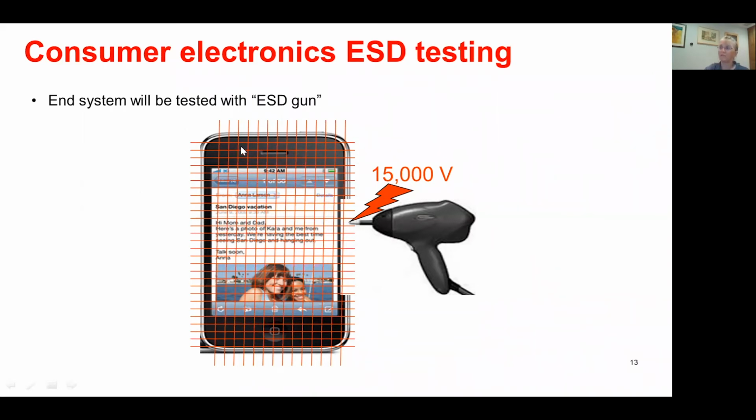The testing would follow a grid pattern, looking for catastrophic damage due to the discharge, or maybe just flicker on the display, a reset, something like that. So when the part is qualified and it meets compliance, it means it's been tested. It includes the fact that it's been tested to meet these IEC ESD type system requirements.